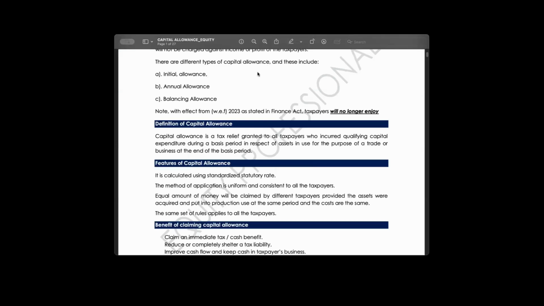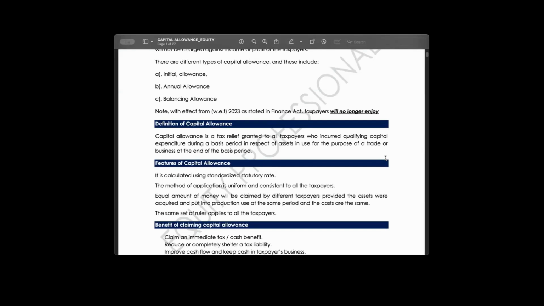So as I was saying, for capital allowance, the taxpayer does not have any liberty to choose different rates because the tax authority or the tax law has made it mandatory for all taxpayers to use the same rate.